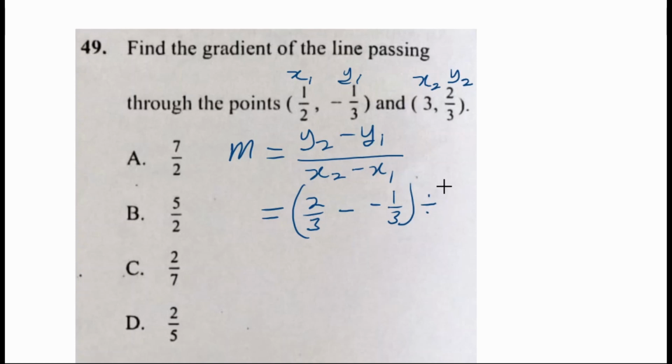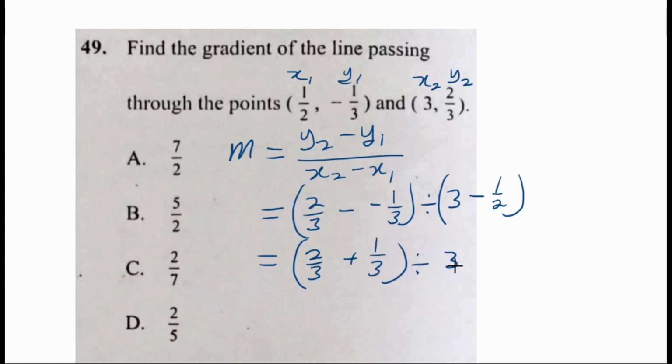So divided by the x2 is 3 minus x1 is 1/2. Simplifying further, this will be the same as 2/3 plus 1/3 because of the negative here, then divided by 3 minus 1/2.